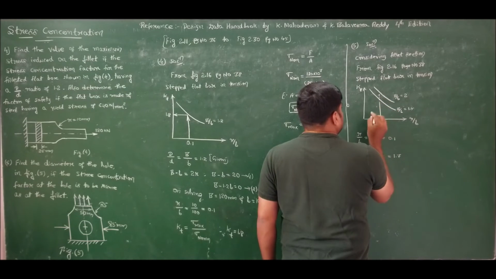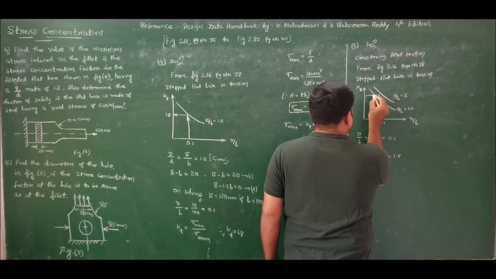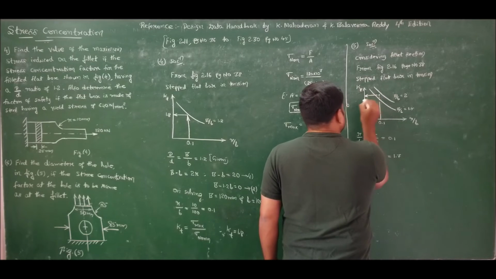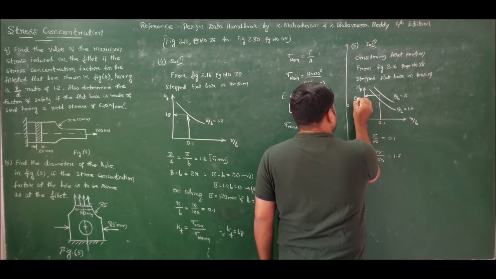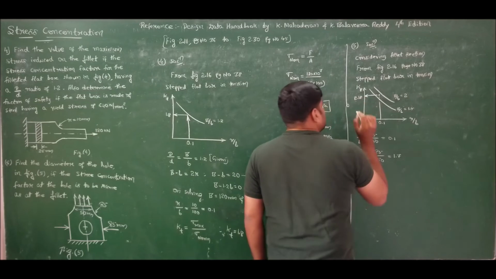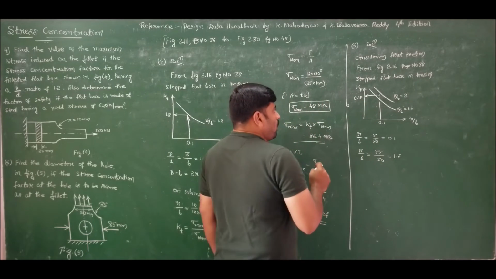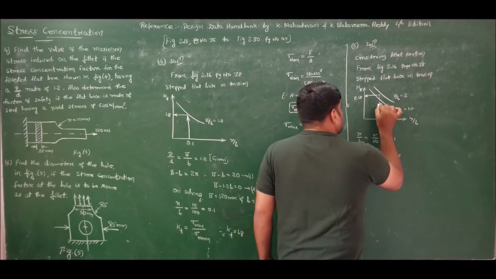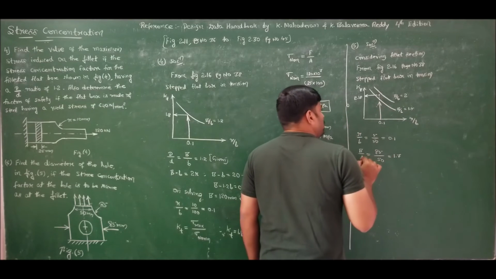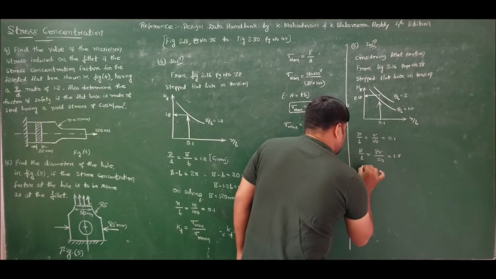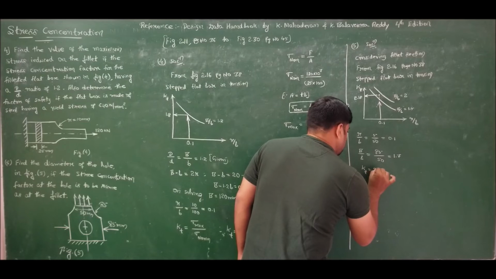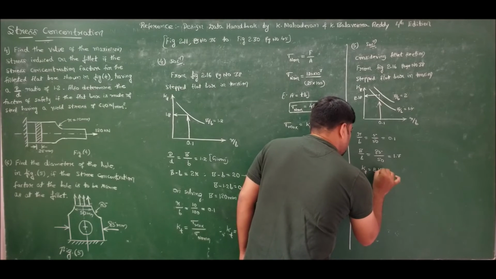Take it at the center and project it horizontally. If you do that, you get the stress concentration factor as 2.18. So Kt is equal to 2.18.